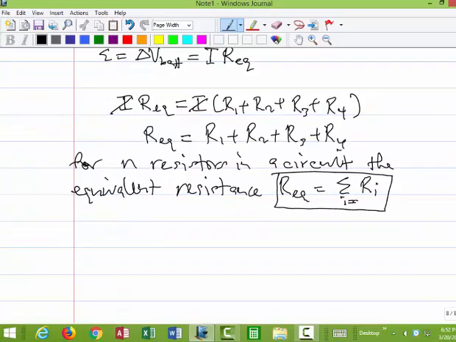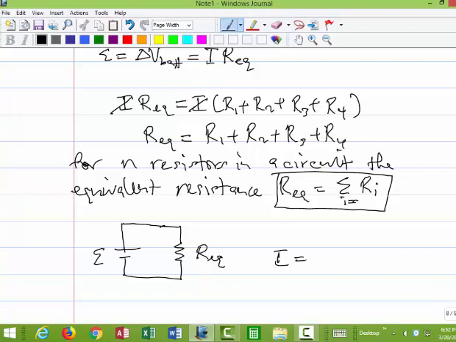So now that we know that, we can just redraw the equivalent circuit for the circuit that we have there, like that. So this is EMF again, and this is R equivalent. So once we know the equivalent resistance, we redraw the circuit that way. And we can say that the current through the circuit is just the EMF of the battery divided by R equivalent, just like that. Okay. So now when we know the current, we can then go and find the potential drop across each element in the circuit.